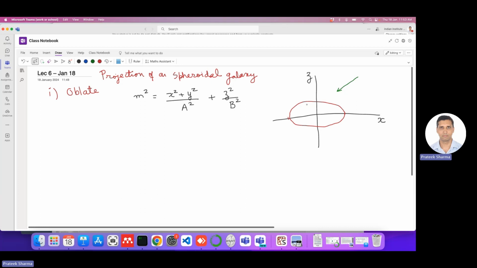So the total number of stars within x, y, and z is a function of m. Basically, the 3D contours of constant mass are these oblate spheroids, right? So m is like a label. As you go inside, m is 0, and as you go out, m increases.